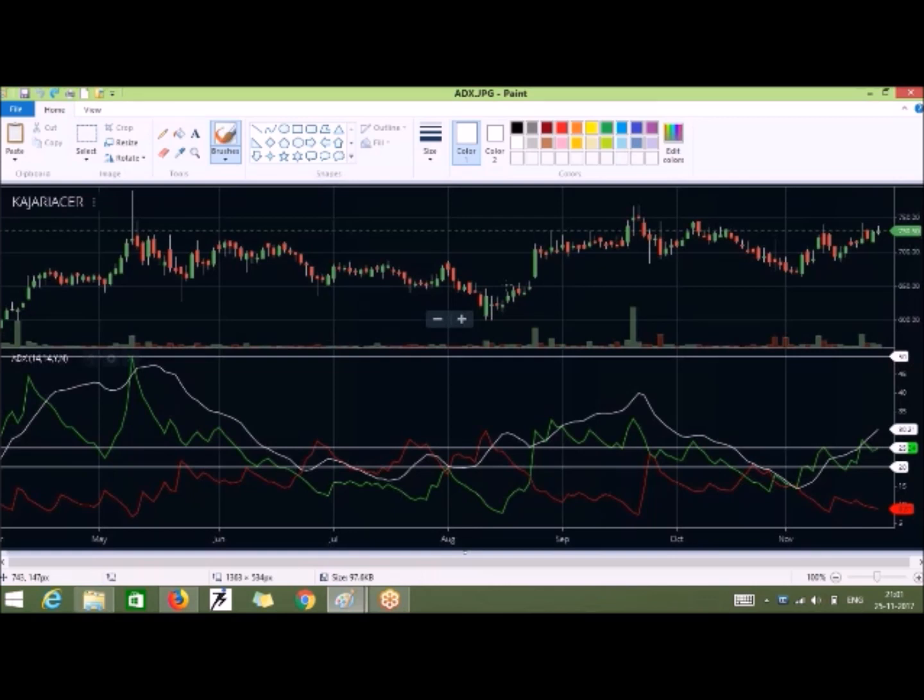ADX is above 20, and this particular positive directional indicator crosses over the negative one. The positive directional crossed over the negative one at this particular point, and here you can see it. If you match, it's given a buy signal over here.